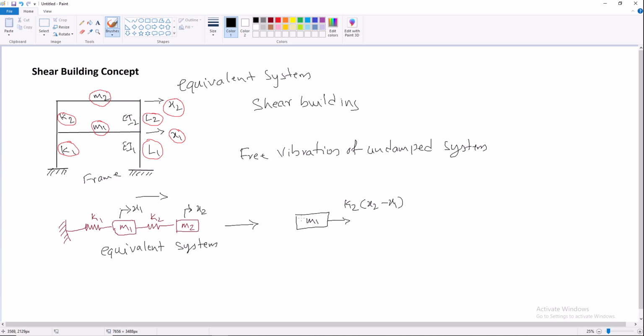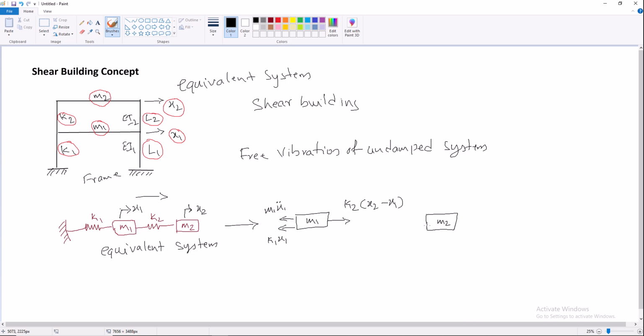To resist this force, other forces are acting over here, which are m1 x1 double dot and k1 x1, meaning the stiffness and the acceleration in this direction resist this force on the other side.